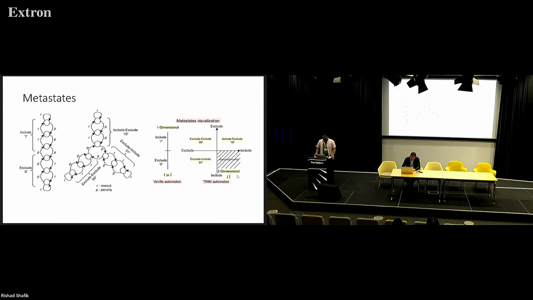So how do the meta states work? In a vanilla automata, there are include and exclude decisions. But as we discussed, we are combining 2 automata together, belonging to the literal and its complement. So we have 3 actions over here. One is exclude-exclude, another one is exclude-include, and the third one is include-exclude. In include-exclude, we are including the literal but excluding its complement.